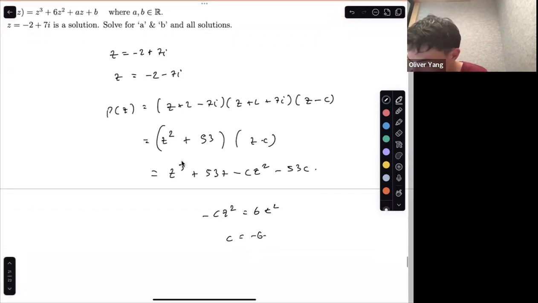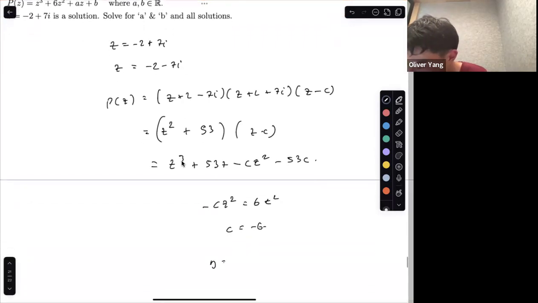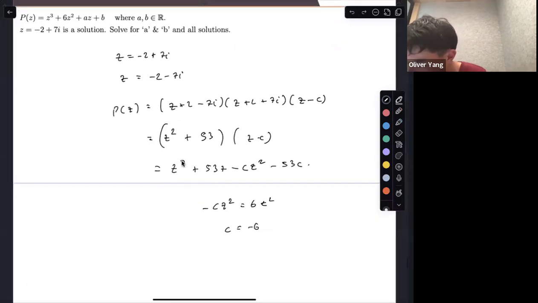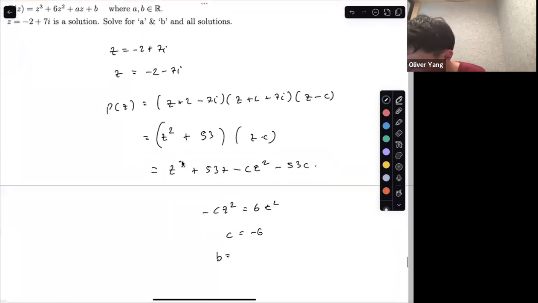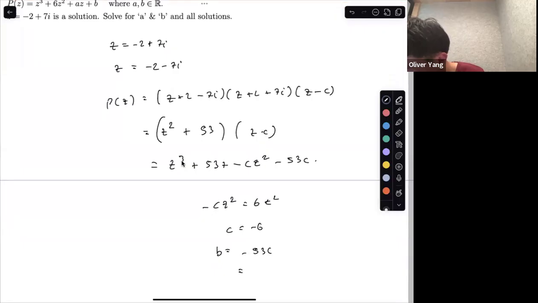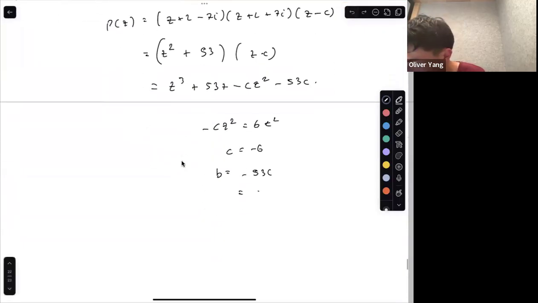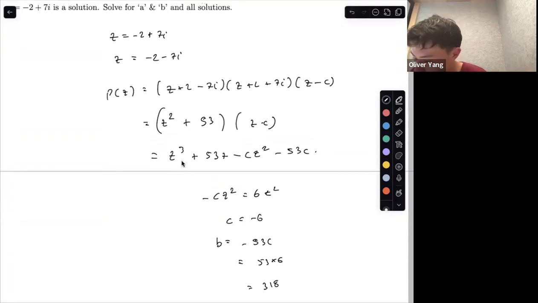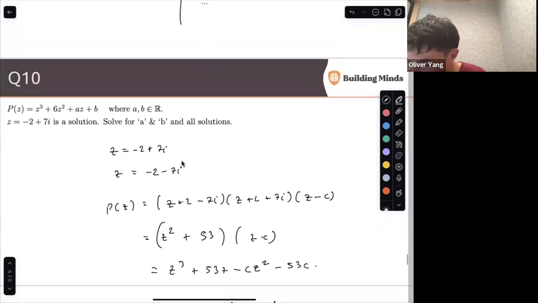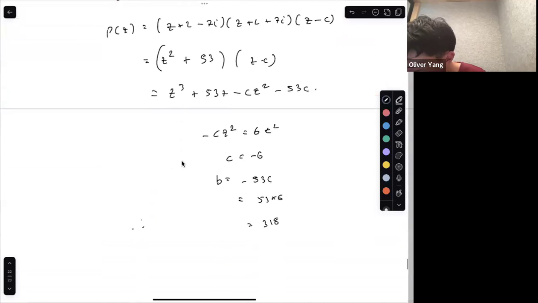All right. And then B equals negative 53C, which is just 53 times 6, 318. Right, so therefore, what's A? A is 53.